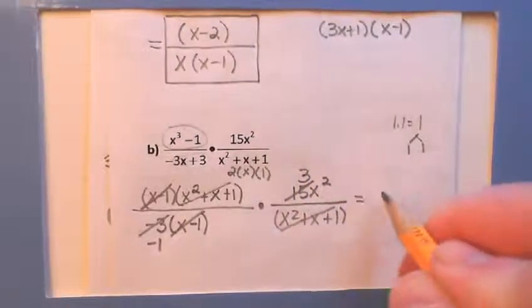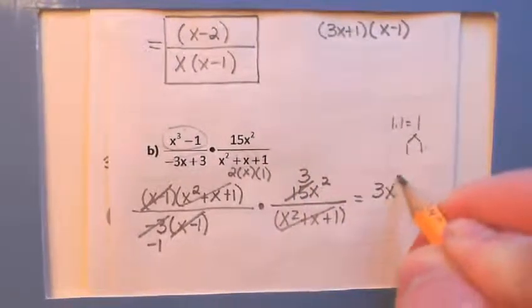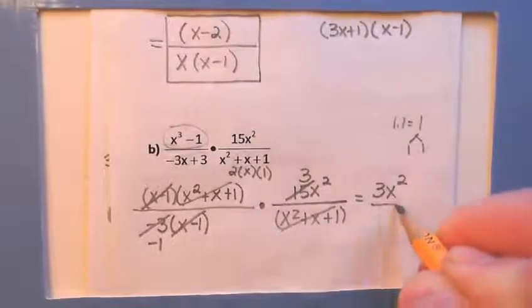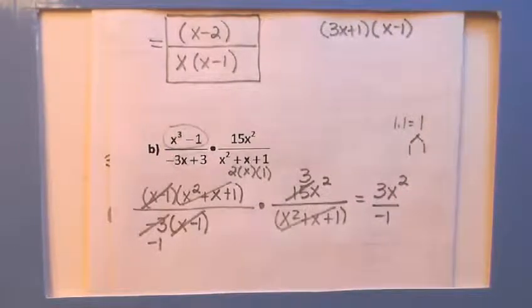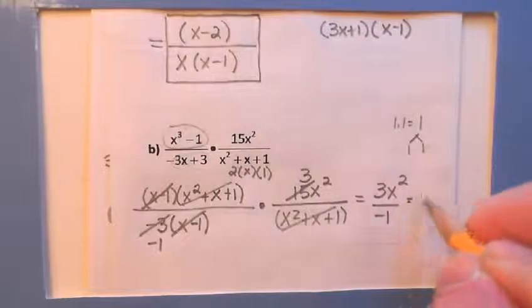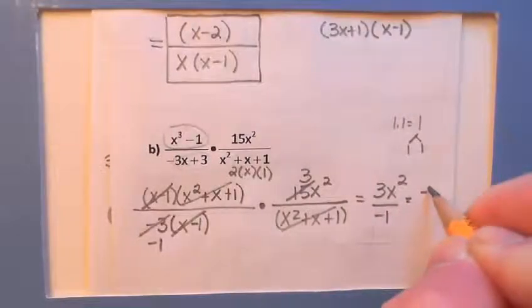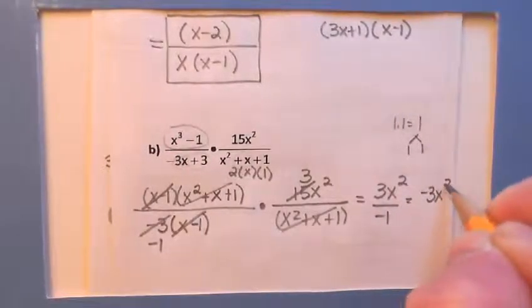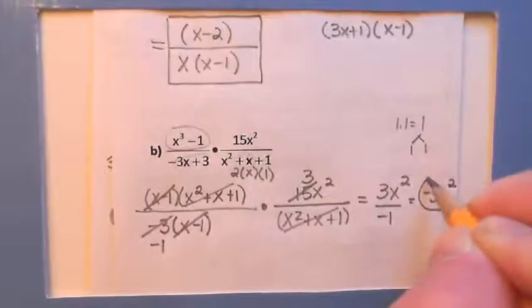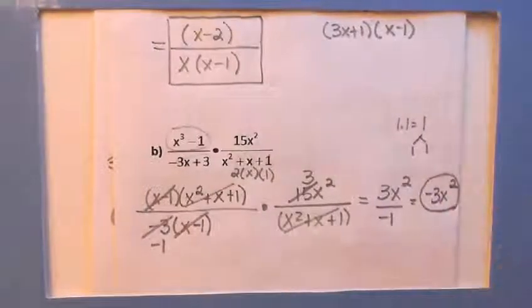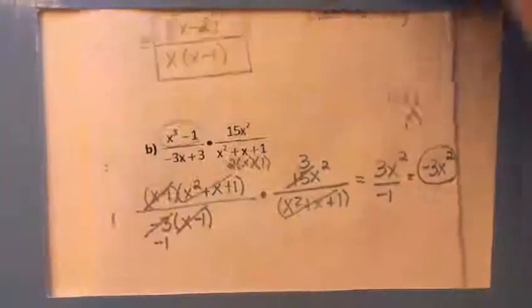So on the top, I'm going to get 3x squared. And on the bottom, I get negative 1. So 3x squared divided by negative 1 is negative 3x squared. And that's my answer there. Alright, very well. Let's go on to the next one.